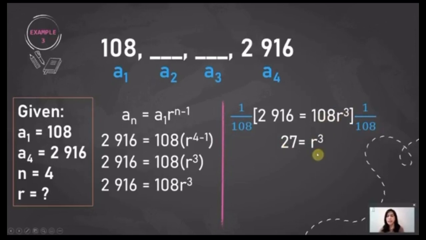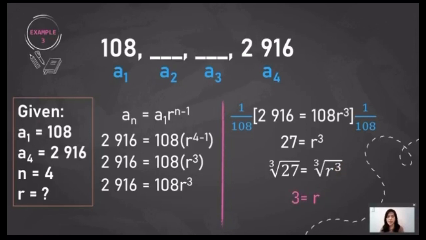Next to that, let's get the cube root of both sides. The cube root of 27 and the cube root of r cube. Now the cube root of 27 is 3, and then cube root of r cube is r. Now we already have our common ratio for this geometric sequence as 3.